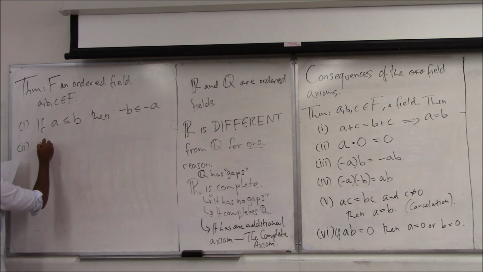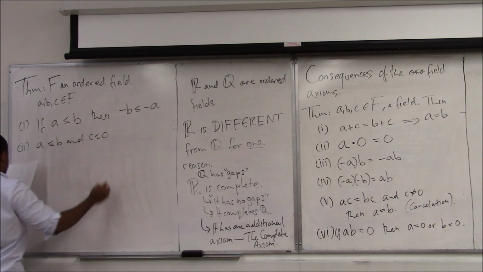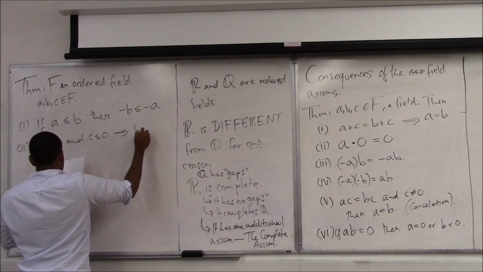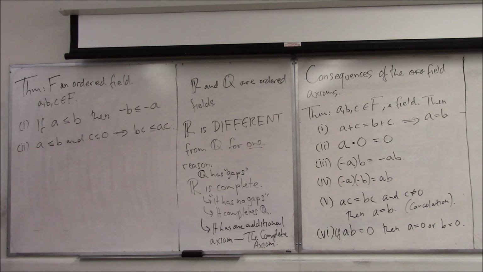If A is less than B and C less than 0, then BC is less than or equal to AC. That's the one that tells you when you multiply both sides of an inequality by a negative number, it flips the inequality.